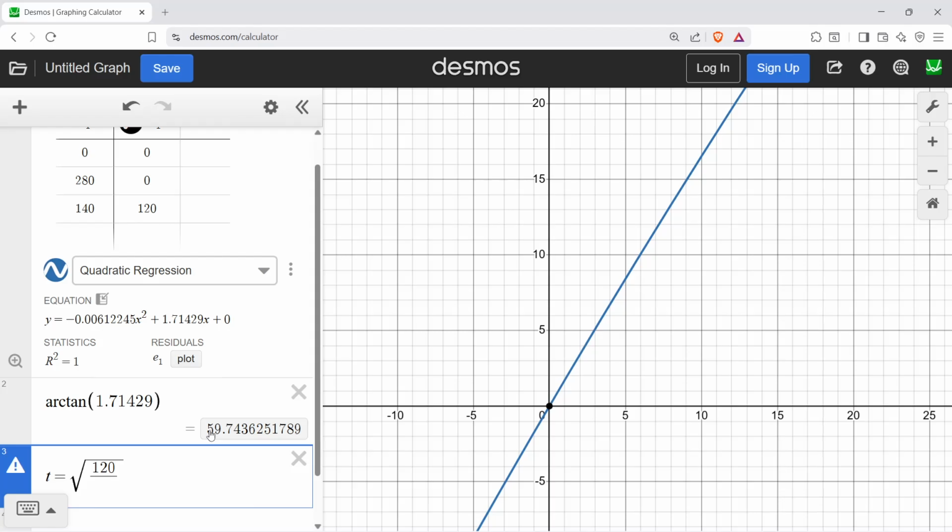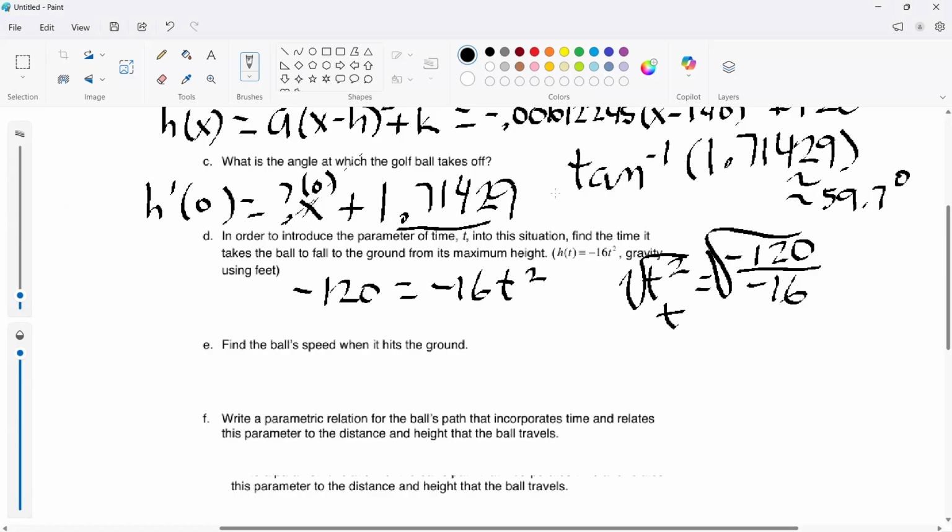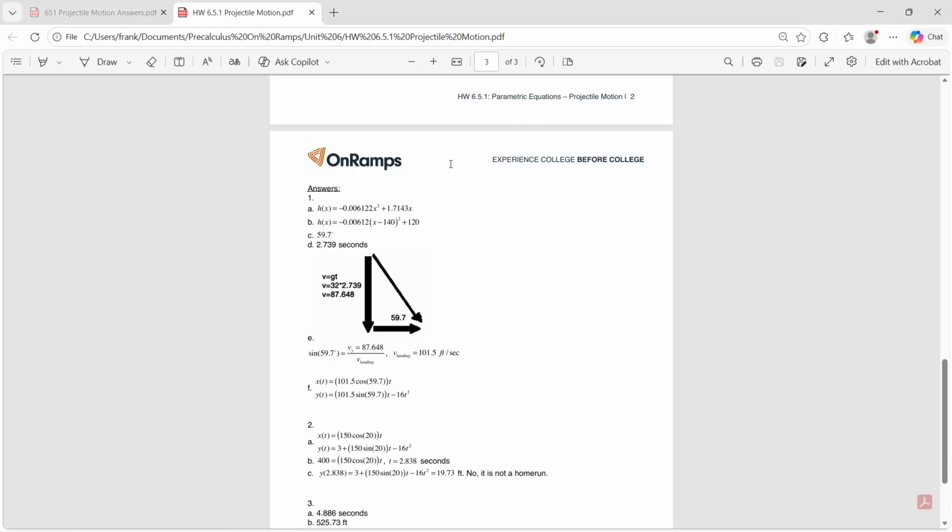It better be positive because I can't take the square root of a negative number. It's actually plus or minus, but t is approximately 2.7386 seconds.